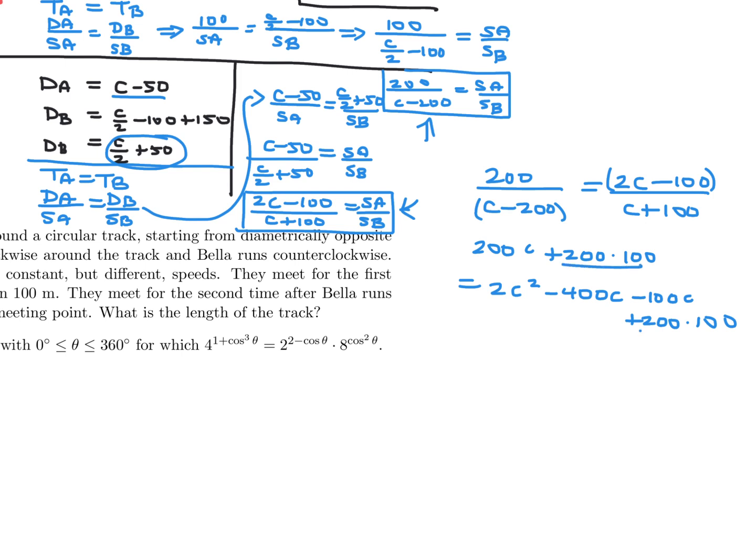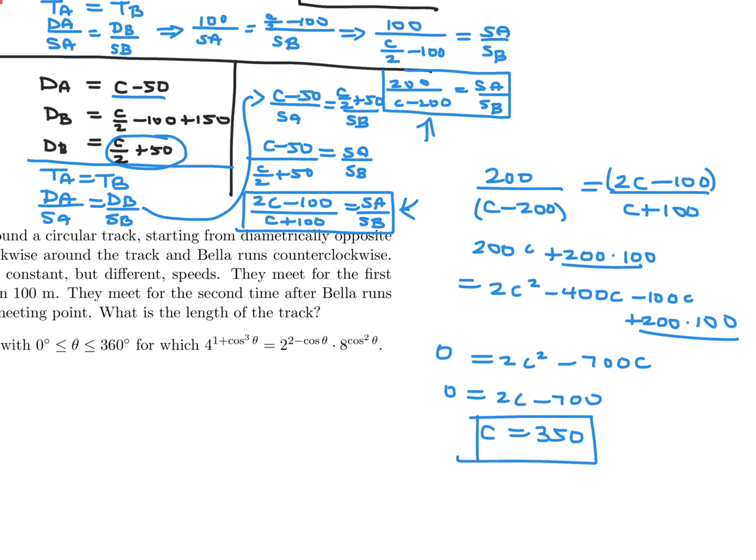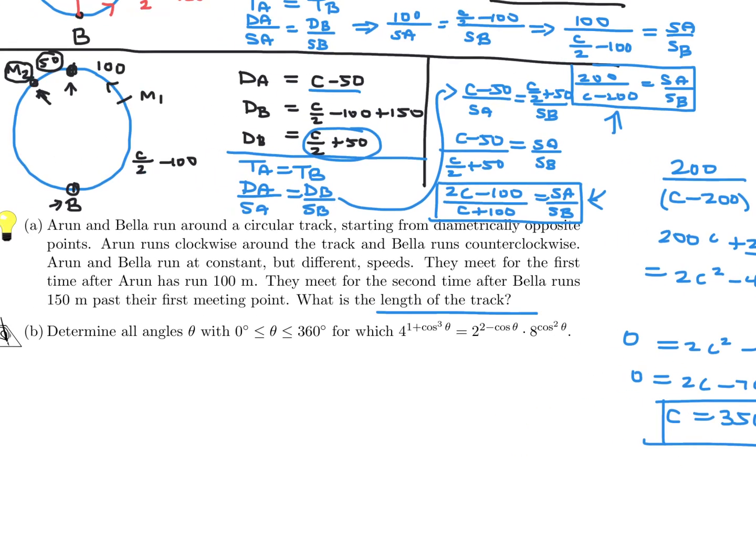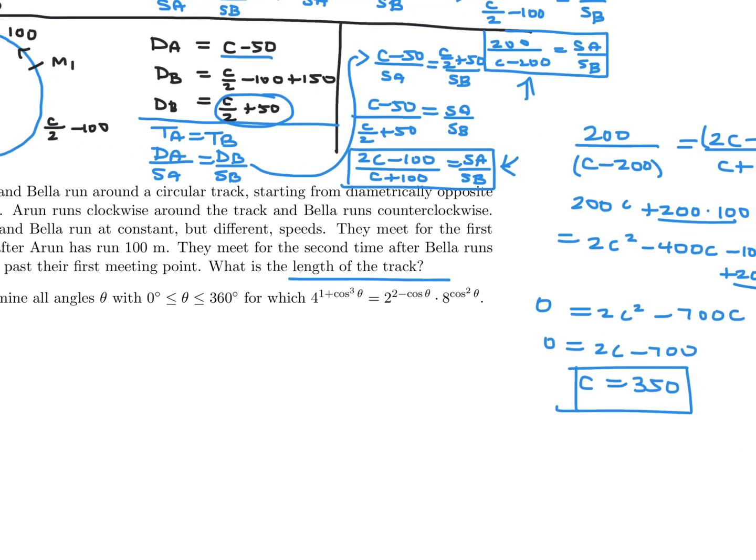Well, this cancels with that, and then that would be 0 is equal to 2c squared minus 500 minus 200 minus 700c. Divide through by c, and we get 2c minus 700, and therefore c is 350. And that is what we had to figure out, the length of the track. And the length of the track is the circumference, and it's 350.